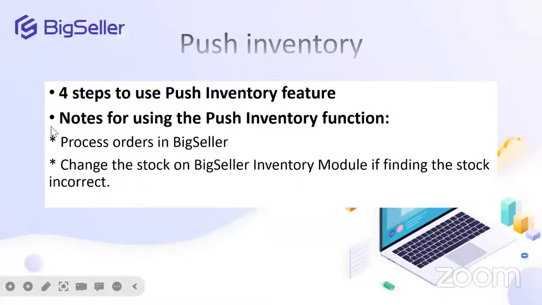We also have 2 notes for you if you want to use the push inventory. The first one is, if you want the inventory to be correctly deducted in BigSeller, you need to process this order in BigSeller. The second is that if you find the inventory incorrect in your seller center, you need to change the stock in the BigSeller inventory module, like what I showed you just now.